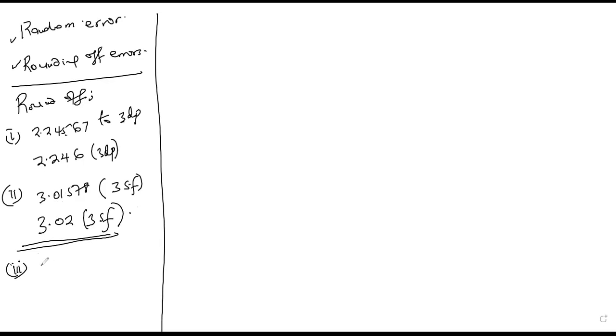But if I say round off to 2 significant figures, the zeros before the decimal point are not counted as significant figures. And also, if this one starts with a 0, and after the point there are zeros, those zeros are also not counted. In other words, this one would be 0.0049.